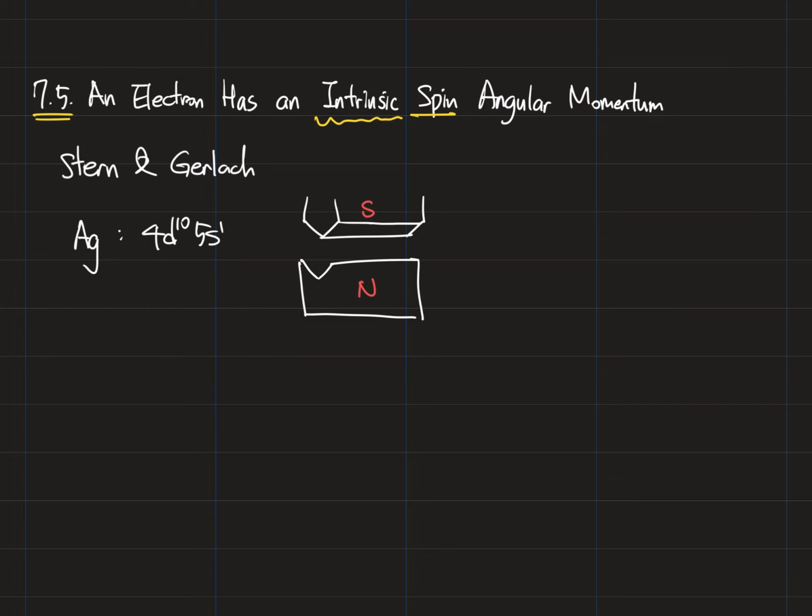Because if you apply a homogeneous magnetic field, then you cannot really see the splitting of the energy levels. Okay, so let's take a look at the final result. Silver beams pass through this area, and due to the inhomogeneous magnetic field, you can expect the splitting of that part.